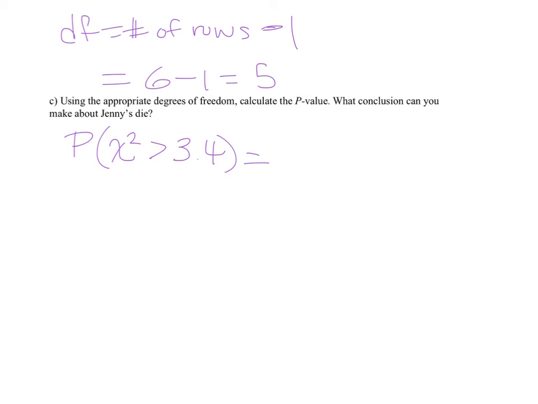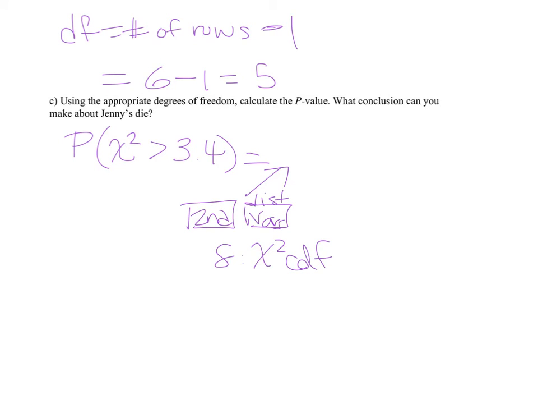As with when we were doing a t-test and a z-test, which was normal, we are going to use something under the distribution menu. So you're going to go to second, vars, which is distribution. You'll see that number 8 is chi-squared CDF.